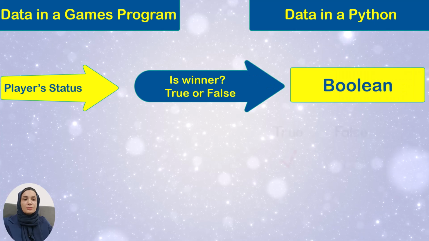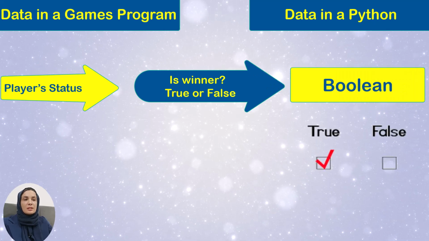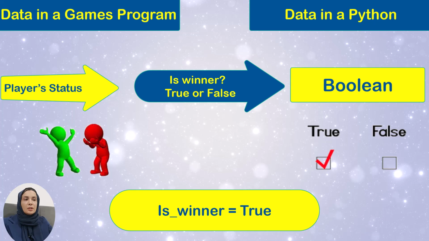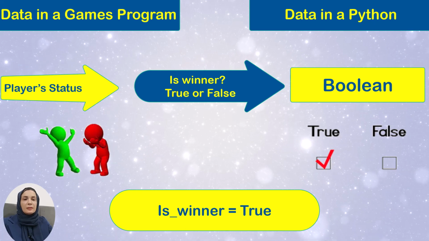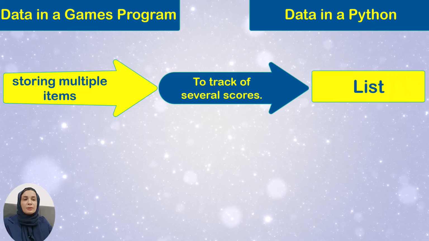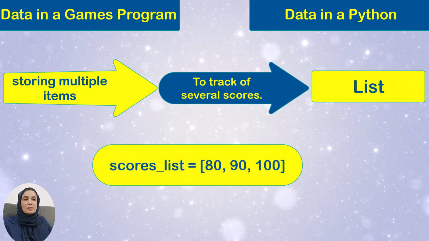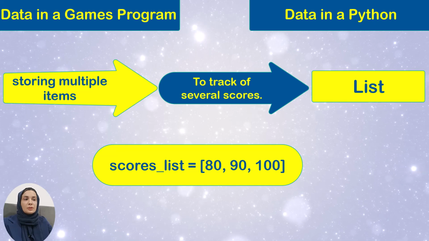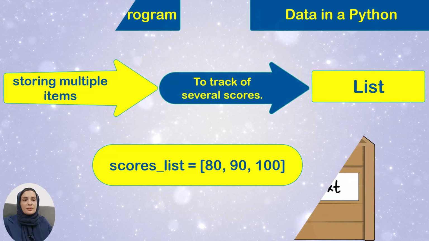Booleans are either true or false values, such as is_winner = True to indicate if the player won. Lists are useful for storing multiple items, like a scores list, to keep track of several scores.